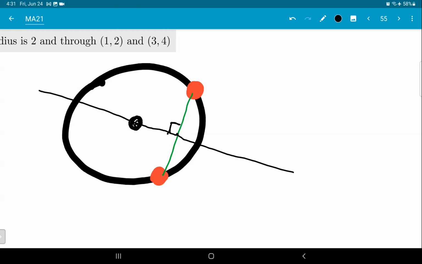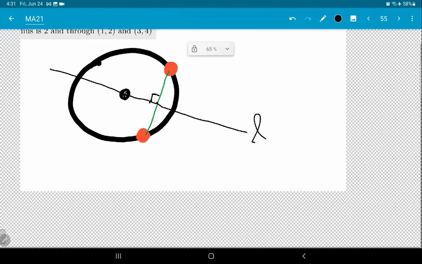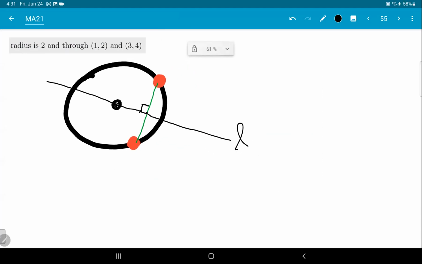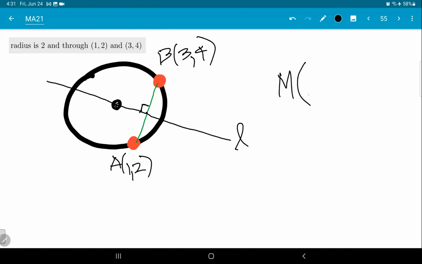So what we do is find the equation of the perpendicular bisector L here. Hanapin natin siya. Okay? Alam niyo na ito gawin. Pinag-aralan natin kanina lang. Kukunin natin yung midpoint ng AB. So midpoint, just do the math. (3 plus 1) divided by 2, (4 plus 2) divided by 2.